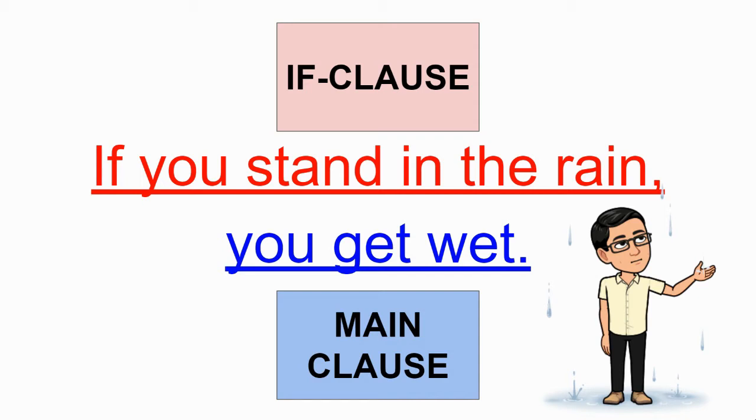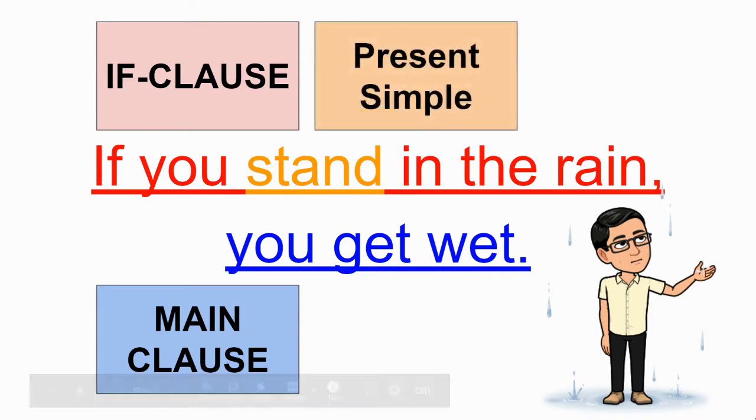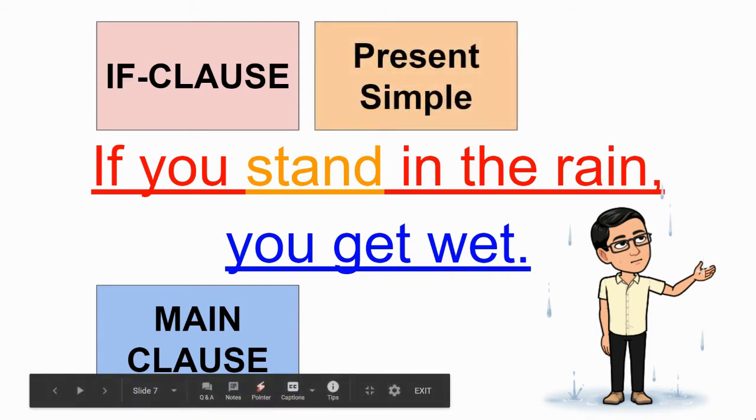Almost every sentence requires a verb. In our example sentence, can you identify the verb in the if clause? Very good. The verb is stand, and the verb stand is in the present simple tense.